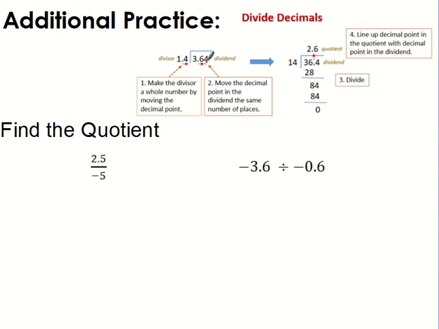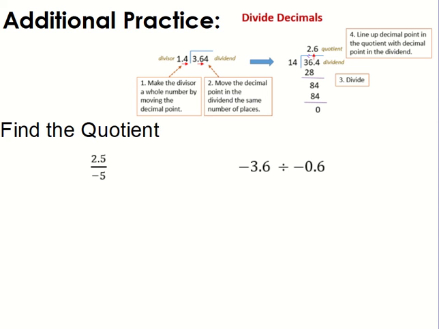So now you can see we have 14 dividing into 36.4. Okay, when we get done dividing, we need to make sure the decimal point lines up with the decimal in our dividend. You can see they just brought it up. You don't need to move it after. And so that's how they got 2.6.